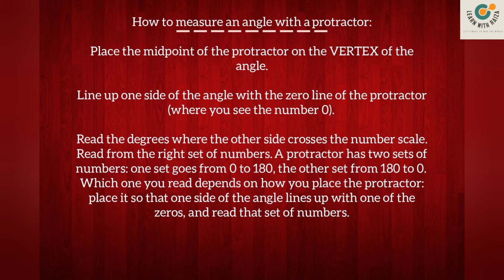The protractor has two sets of numbers. One set goes from 0 to 180 degrees and the other set from 180 degrees to 0. Which one you read depends on the way you place the protractor. Place it so that one side of the angle lines up with one of the zeros, and then read that set of numbers.